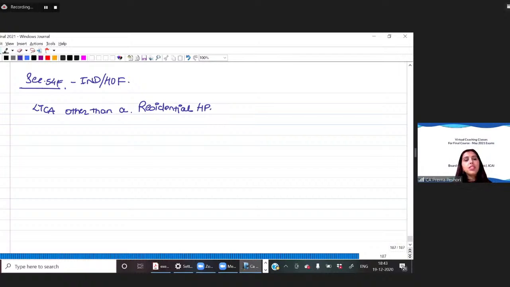What does 54F say? What should be the asset transferred? Any long-term capital asset other than a residential house property. It can be sale of a plot of land also, which should not be used for residential purpose. What you have to purchase in return?